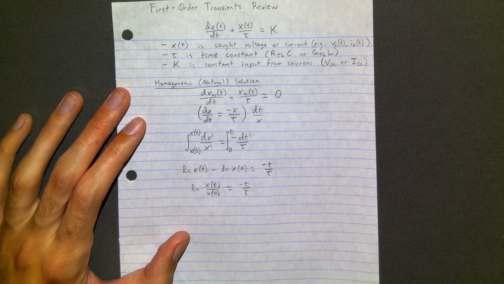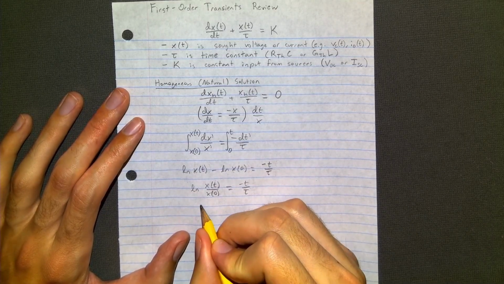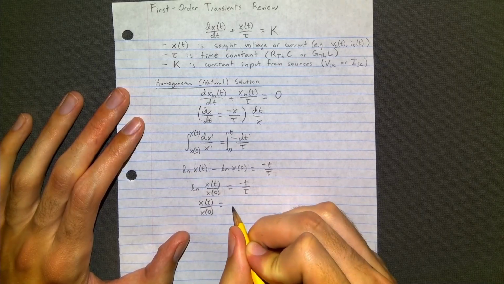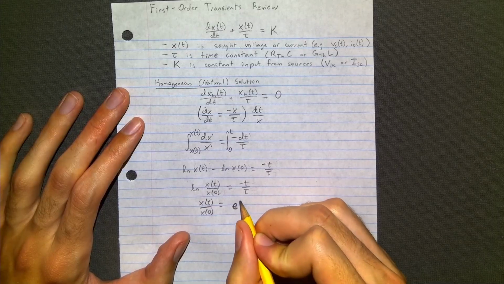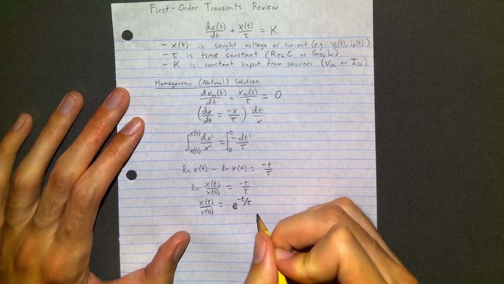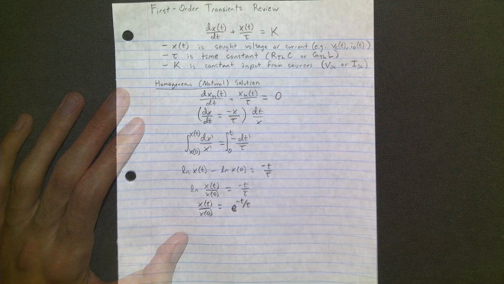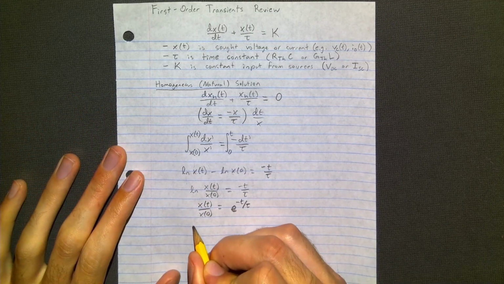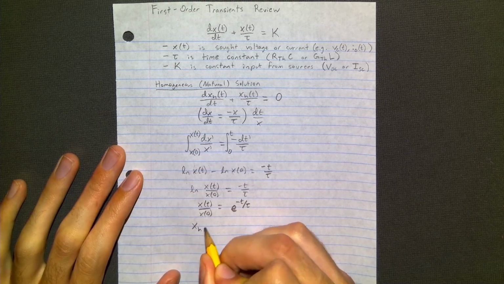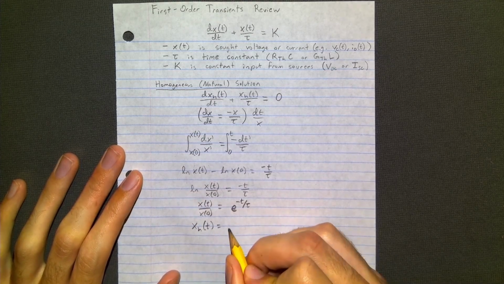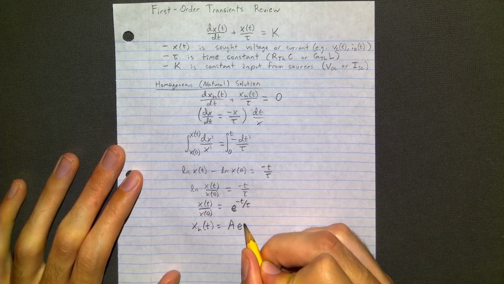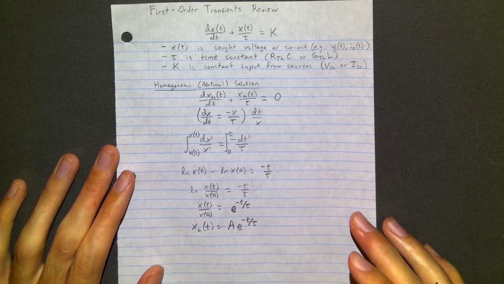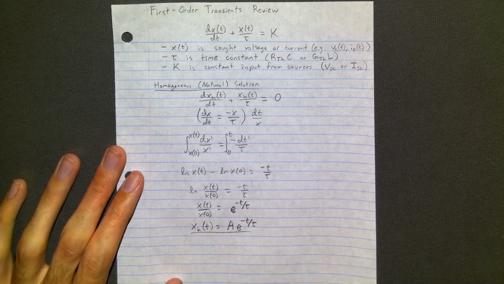Apply the exponential to each side, and we're left with x of t over x of 0 equals e to the negative t over tau. And then this can be written more generally as x of t equals constant A times e to the negative t over tau. That is our homogeneous solution.